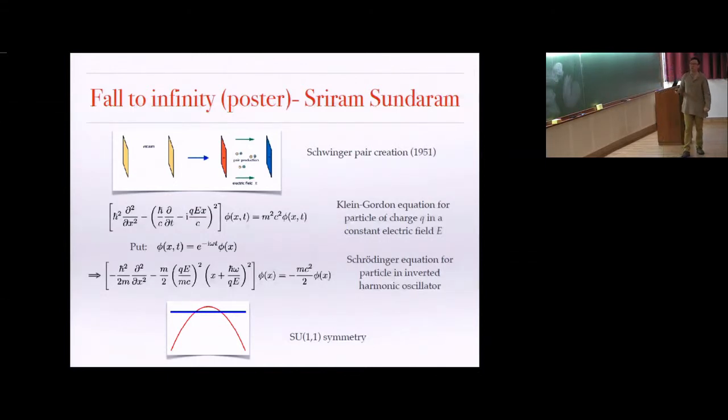You can describe that, at least classically, through the Klein-Gordon equation with an electric field in it, and if you look for stationary solutions, you can transform it to the time-independent Schrodinger equation, but with an inverted harmonic oscillator potential. We call this fall to infinity because particles will fall off to infinity. And again, there's a hidden symmetry in this problem, SU(1,1) symmetry. So go see Sriram if you want to know more about that.